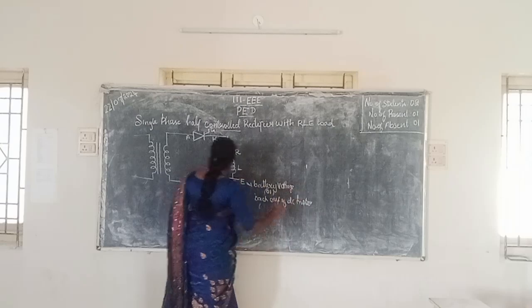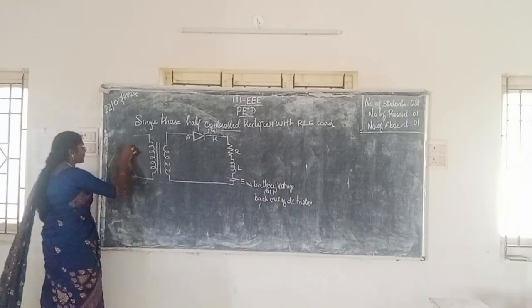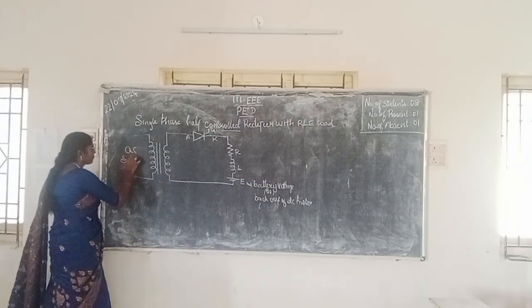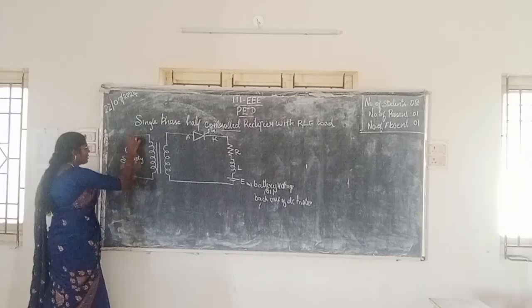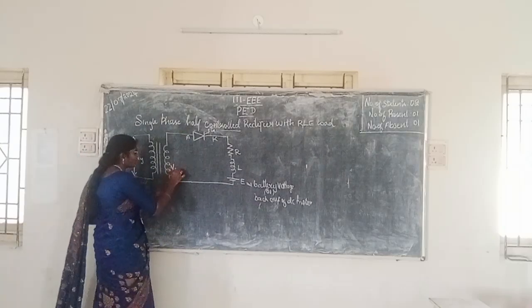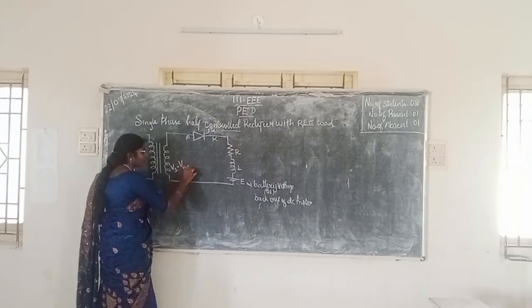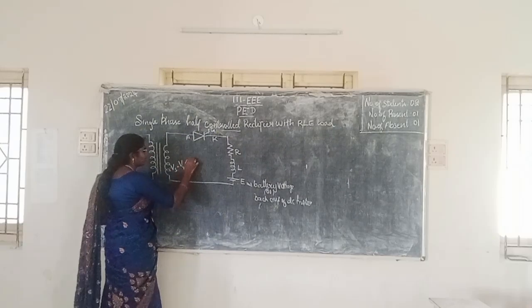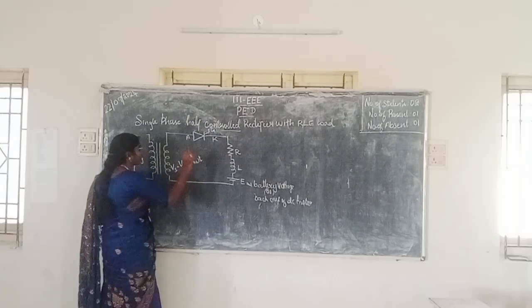So now, the normal working principle. What supply are we giving here? AC supply. So what is Vs? Vs is equal to Vm sin omega t.